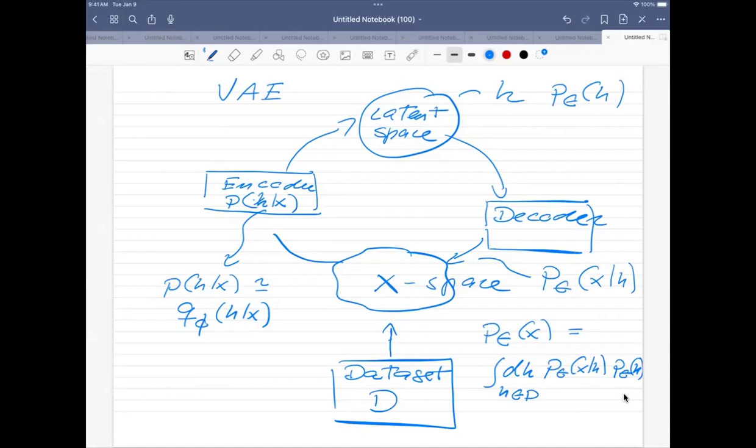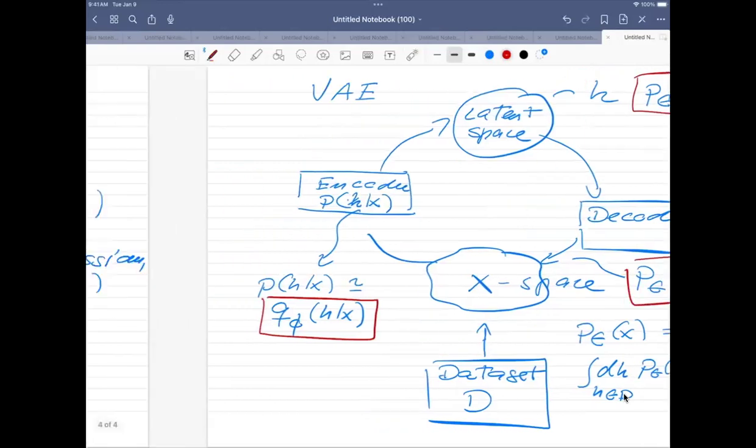So this is the quantity which we end up with when we have run this information from the latent space through the decoder. Now, what you see here is that we need models for this quantity here. We would also need models for this quantity here. And similarly, we also need models for this quantity here.